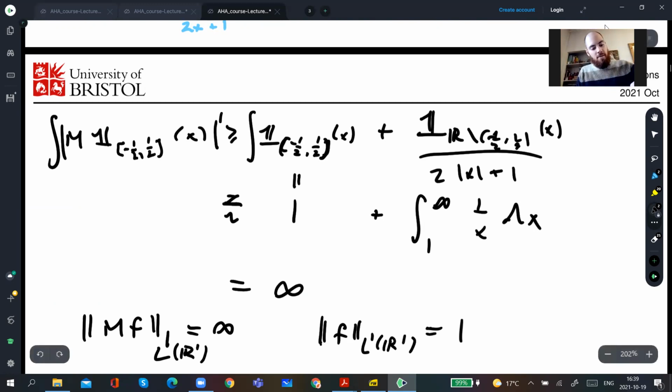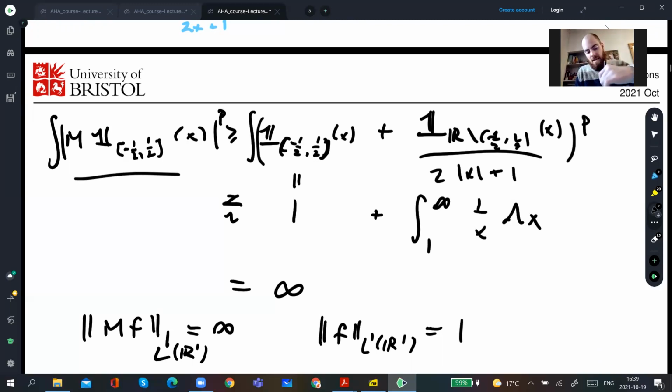Well, if I take the pth power, then I know that this is true. And if our theorem is supposed to hold, this better be a finite number, because we assume that our function in LP is finite, which it is when f is the indicator function of the unit interval. It's actually just 1 again, the LP norm.